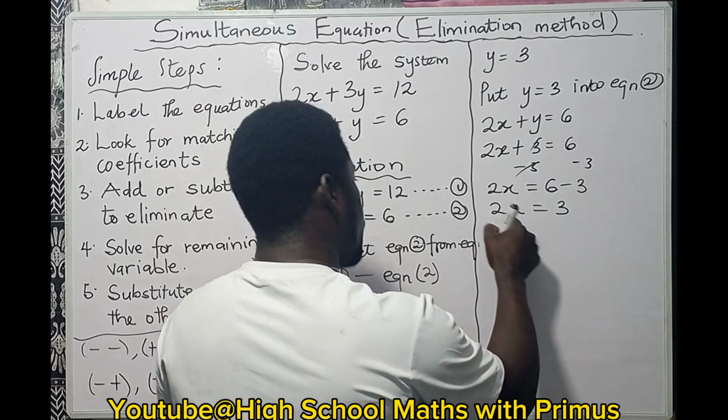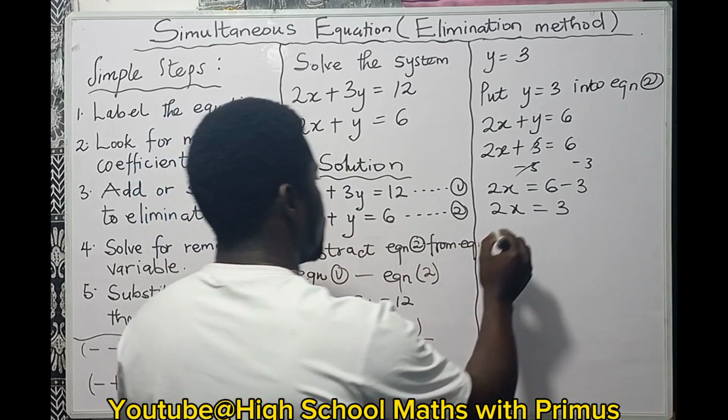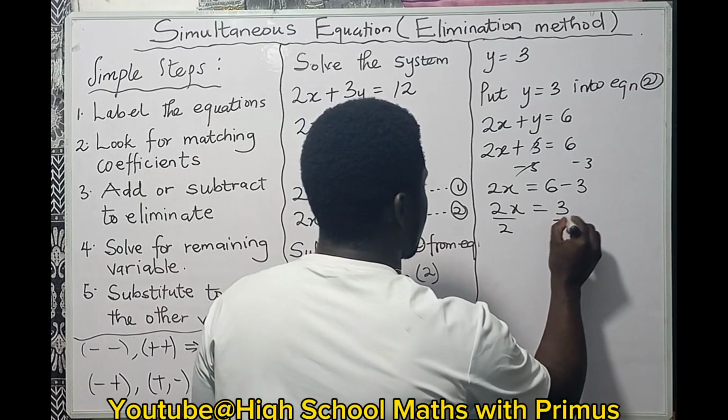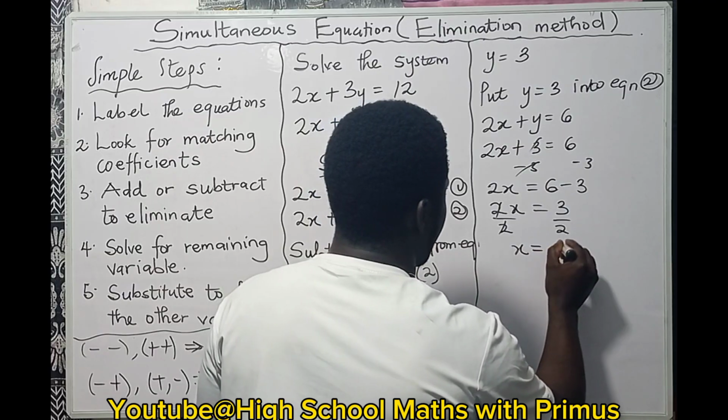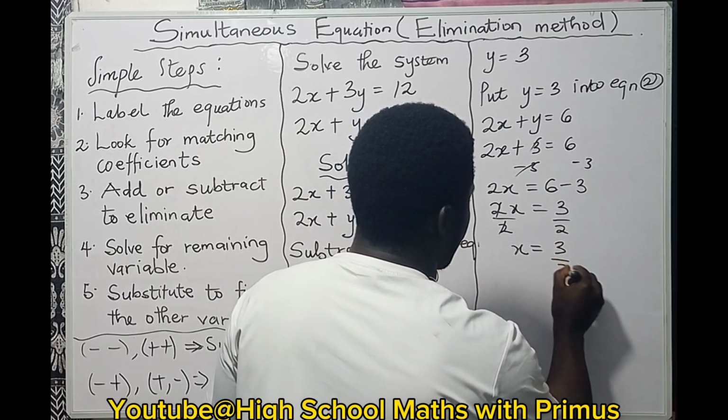And then because we are finding the value of x, we divide both sides by 2. This cancels that, and now we know that the value of x is equal to 3 on 2.